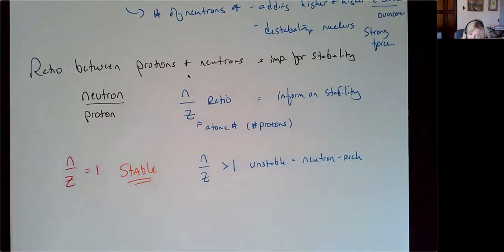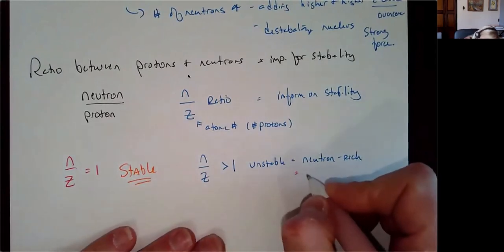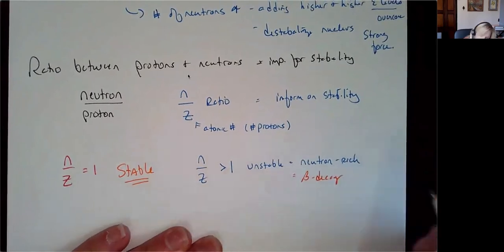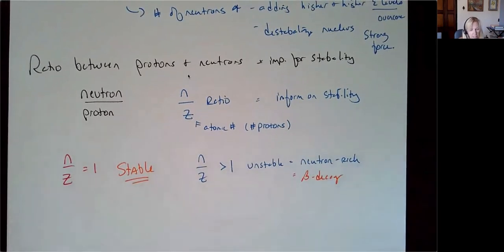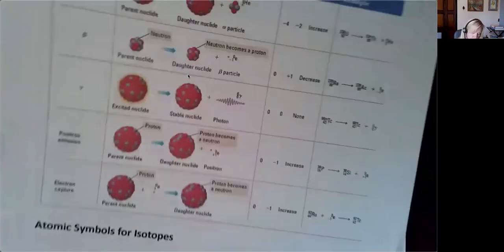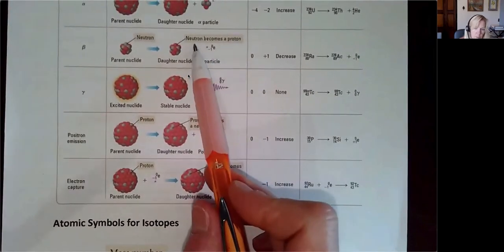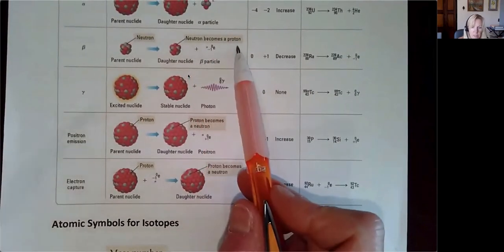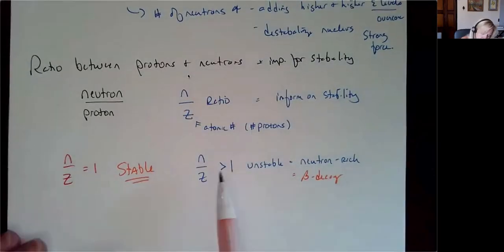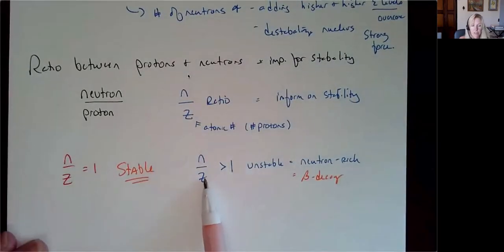If it's neutron rich, it's more than likely going to undergo beta decay. Not 100% of the time, but it will be more apt to, because remember, in beta decay, a neutron becomes a proton. So I'm reducing the number of neutrons and increasing the number of protons, so I'm going to decrease this N/Z ratio. That's going to effectively reestablish stability in that nucleus.